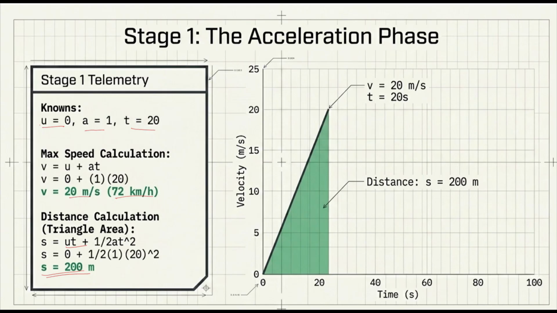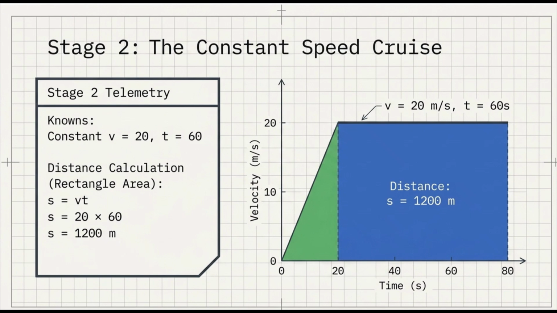So this is how you have to solve the question. It is very easy to do, so you can try it. Then we have another case. During the second stage, the cyclist maintains a constant velocity of 20 meter per second. This section forms a rectangle on the velocity time graph. When the speed is constant, it forms a horizontal line.